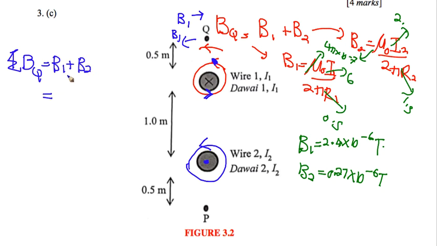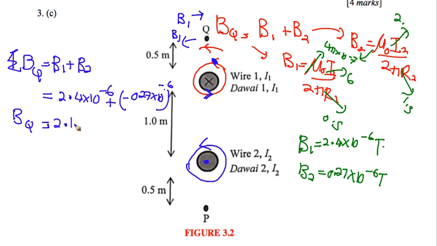B1 is 2.4 × 10^-6, and because B2 is to the left, you must use a negative, so minus 0.27 × 10^-6. So BQ is equal to 2.13 × 10^-6 Tesla.